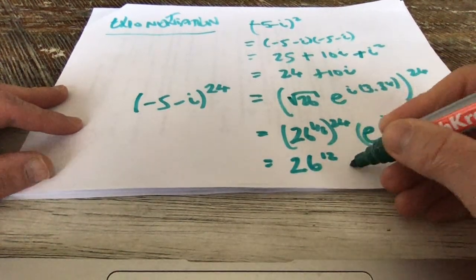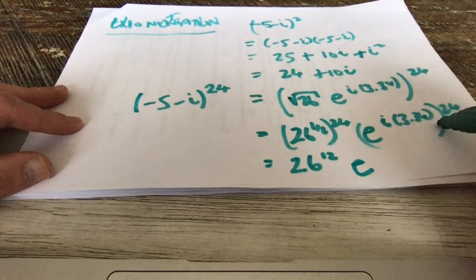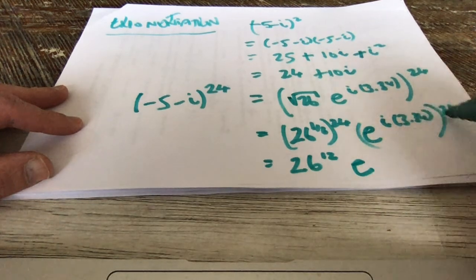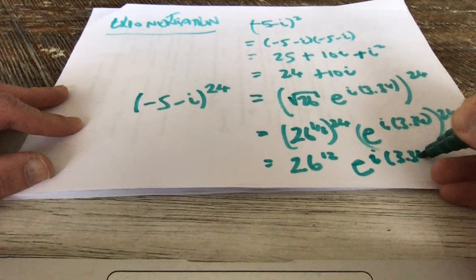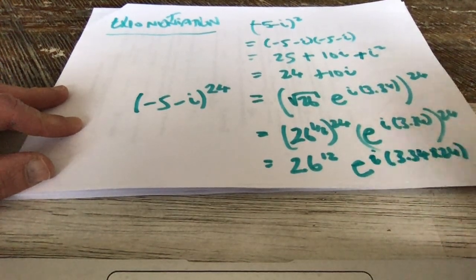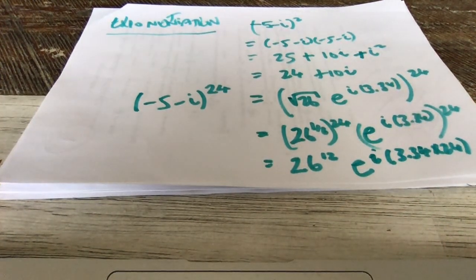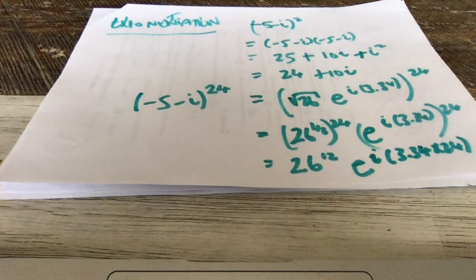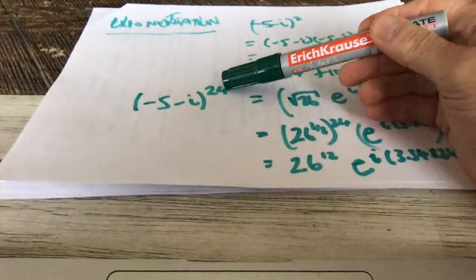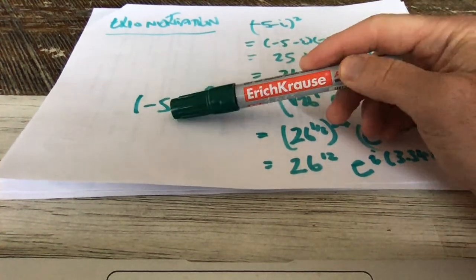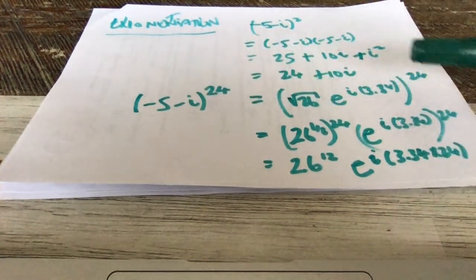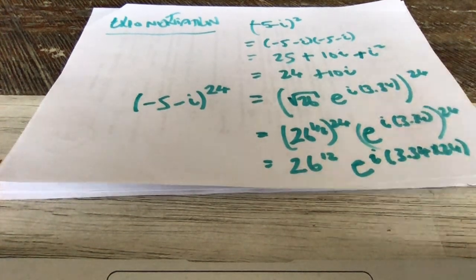And for the complex part, when you have an exponential to a power, you just multiply the powers. So you get exponential i 3.34 multiplied by 24, whatever that is. So when you've got a power which is a large number and you've got the Cartesian form, you should convert the Cartesian form to the polar form and then do the calculation.